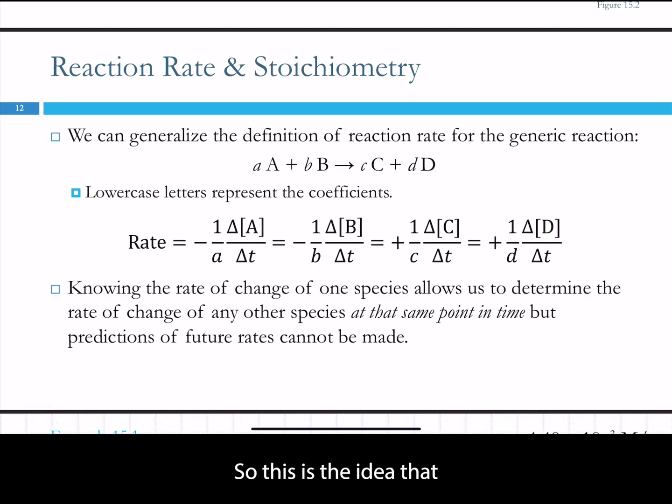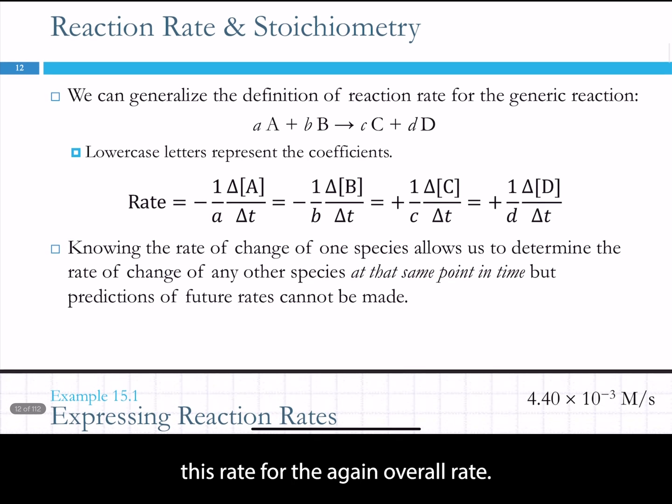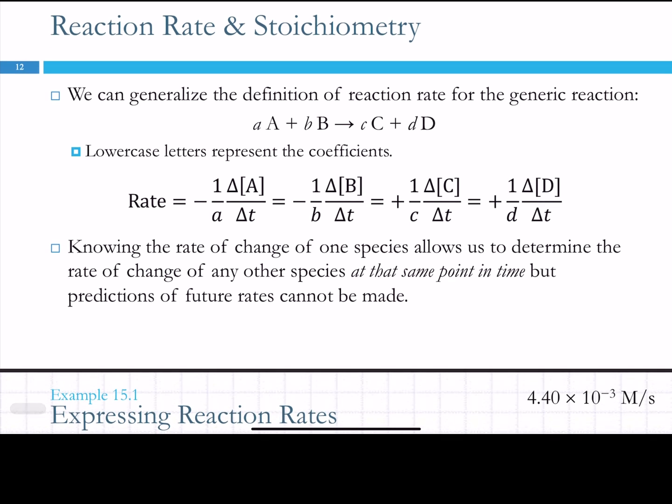All right, so this is the idea that all of the rates of the same chemical reaction are tied together, because as I use up reactants, I am producing products at specific ratios. So if we generalize this for the overall rate, if I can find that overall rate, or if I'm given it, then I can calculate the rate of change, at least the average rate of change, for any reactant or any product, as long as I have the balanced chemical equation.